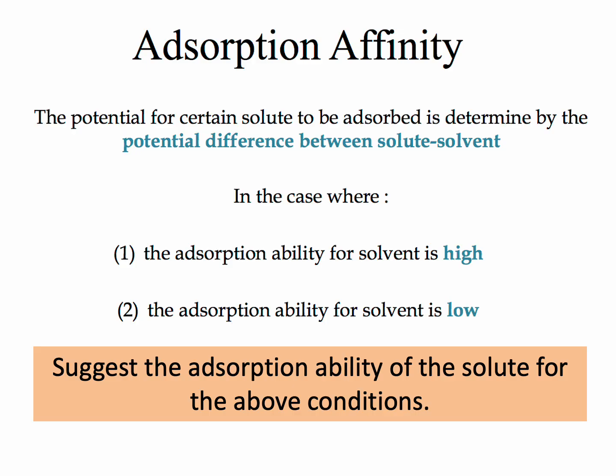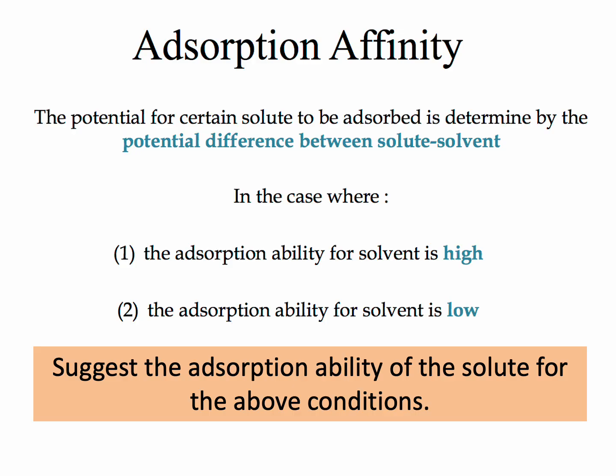So now let us consider two different situations. In the first case, where the absorption ability of the solvent is high, the solvent molecules will strongly compete for the absorption site. As a result, the surface will be mostly occupied by solvent molecules and the absorption of the solute will be low. In the second case, where the absorption ability of the solvent is low, the solvent molecules do not strongly compete for the surface.